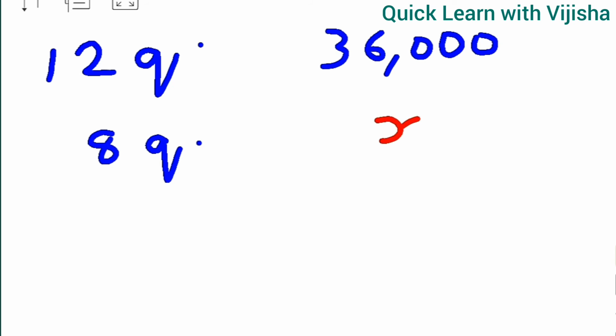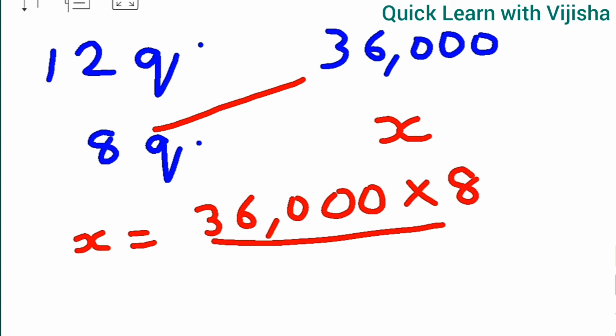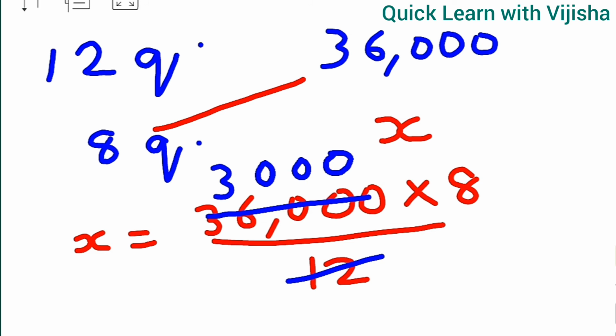So here the value will be x. Now we need to find only the value for x, so this will get cross multiplied: 36,000 multiplied by 8 divided by 12. Understanding, children? Now it has a common table. 12 3s are 36 and 3 zeros remaining. I hope you are understanding, children.